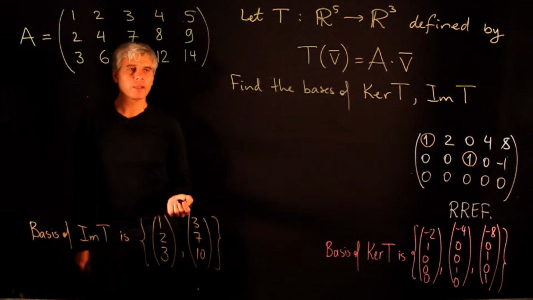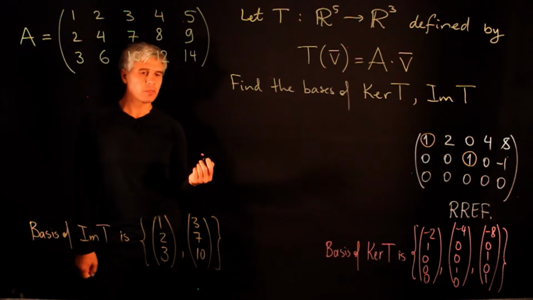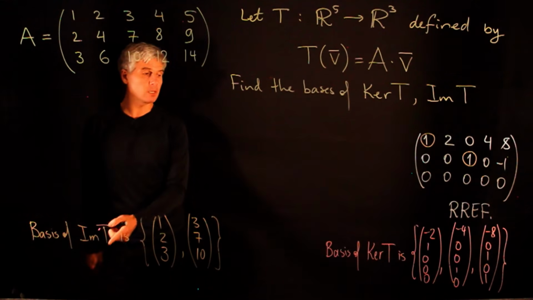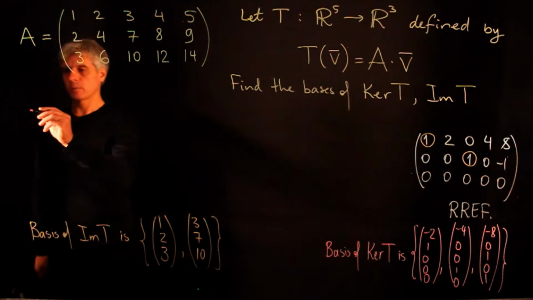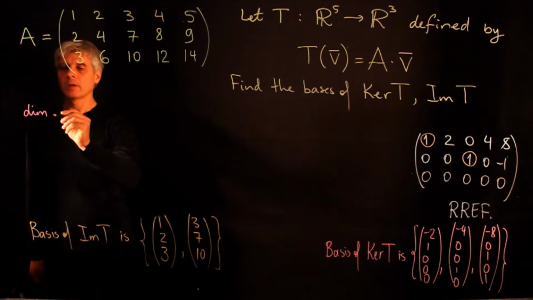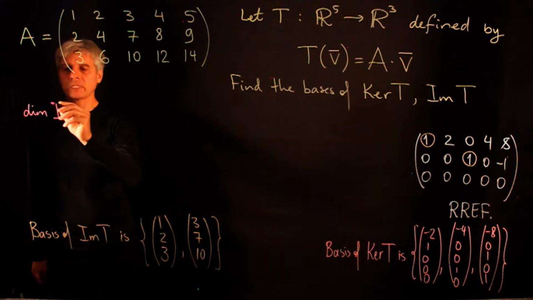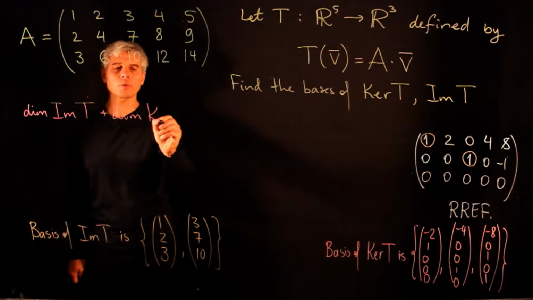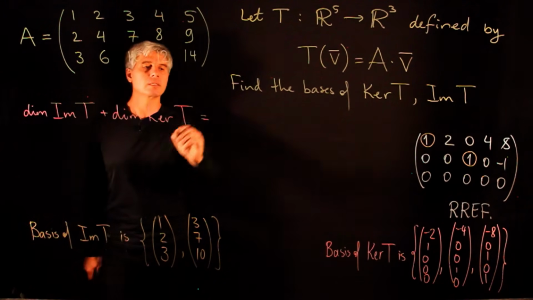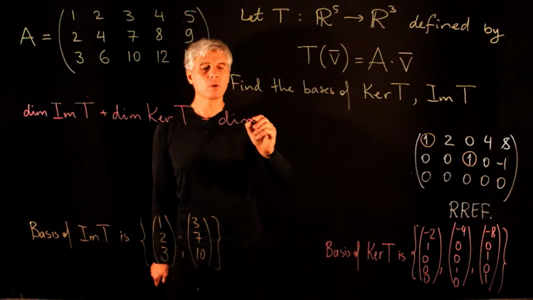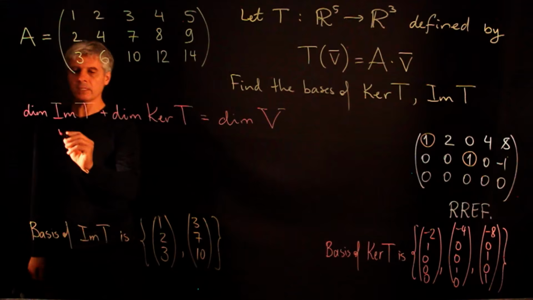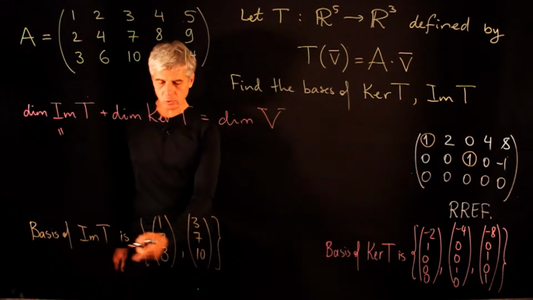So finally, let us verify the formula relating dimensions of the image and kernel of T. We had the formula that dimension of image of T plus dimension of kernel of T is equal to the dimension of the domain of this transformation. So in this case, what's the dimension of image of T?